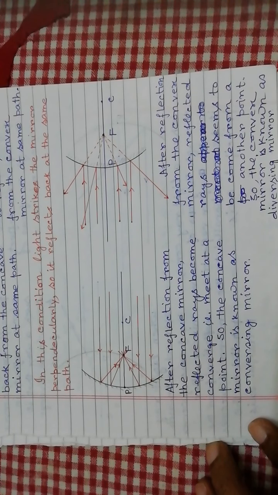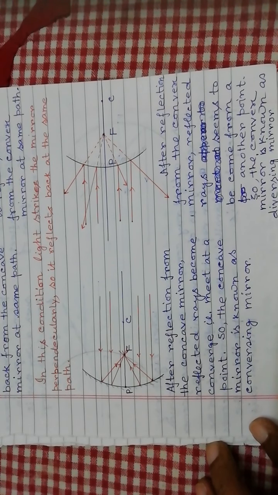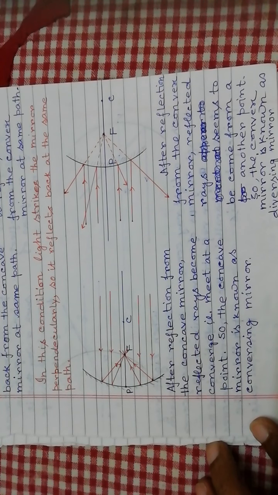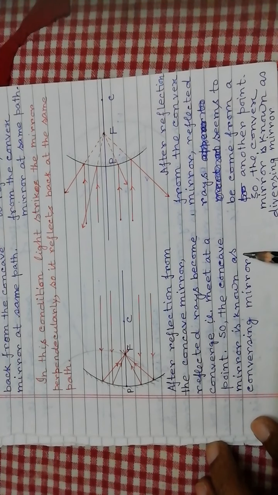That means they converge at a point. So the concave mirror converges the light rays after reflection from it. That is why the concave mirror is known as the converging mirror.